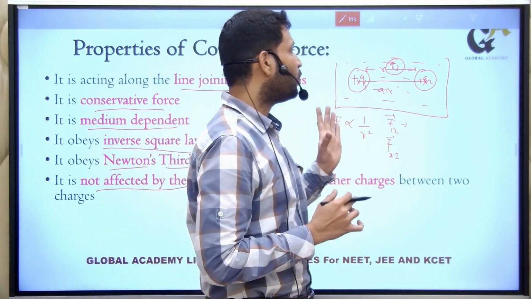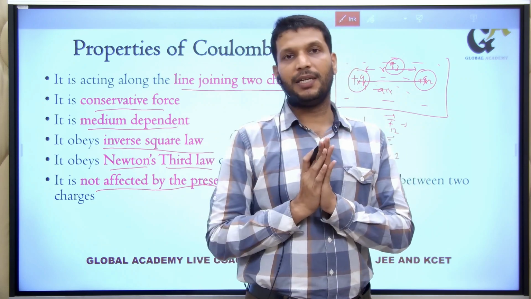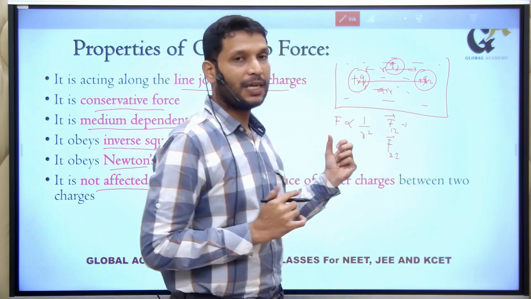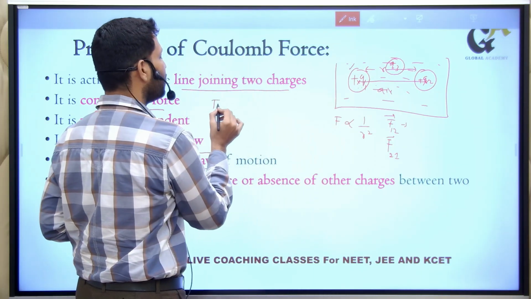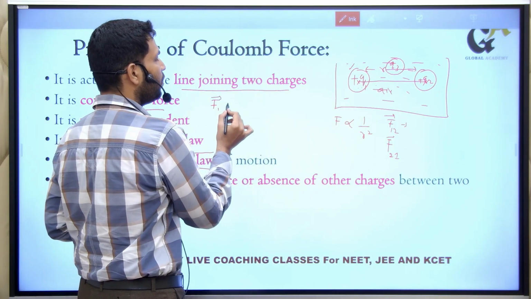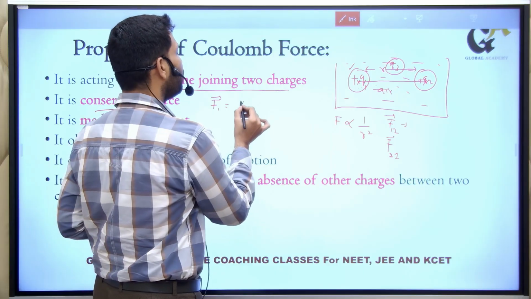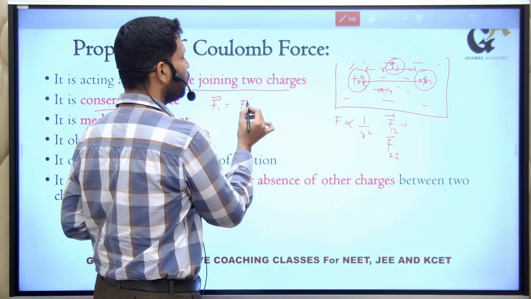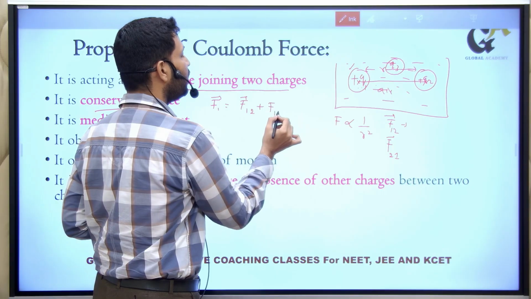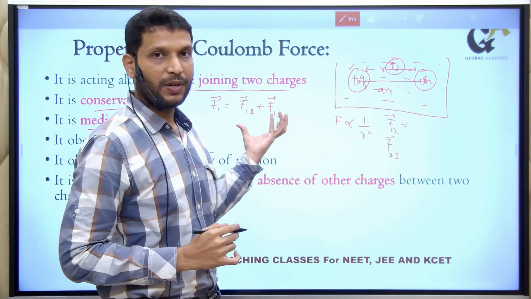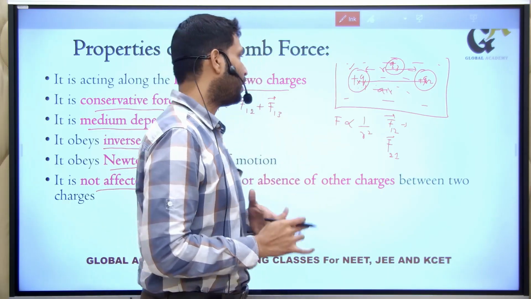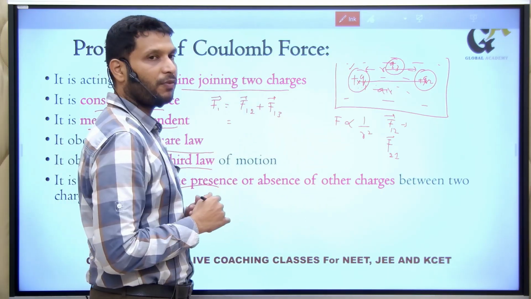Suppose you want to study the net resultant force due to all three charges. For example, what is the net force on the first charge? It is the sum of the force on 1 due to 2 and the force on 1 due to 3. That is the force of interaction due to multiple charges. What is the formula for F12?